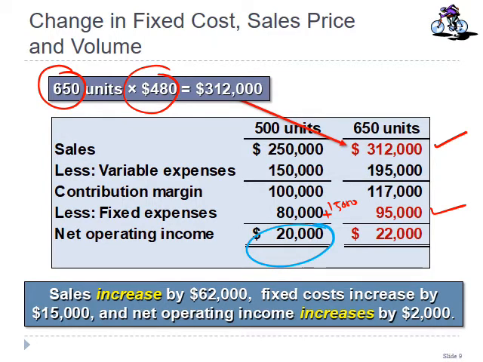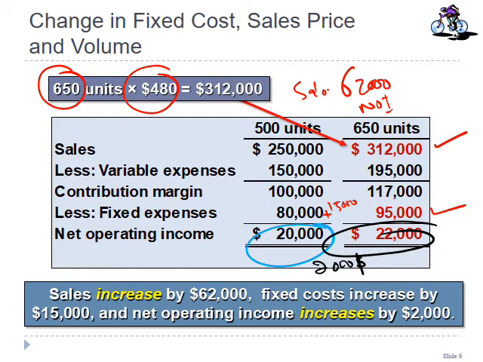20,000, and now the profit is increased by only 2,000 US dollars. So even though we have managed to increase our sales by 62,000, our net operating income is only increased by $2,000, right?